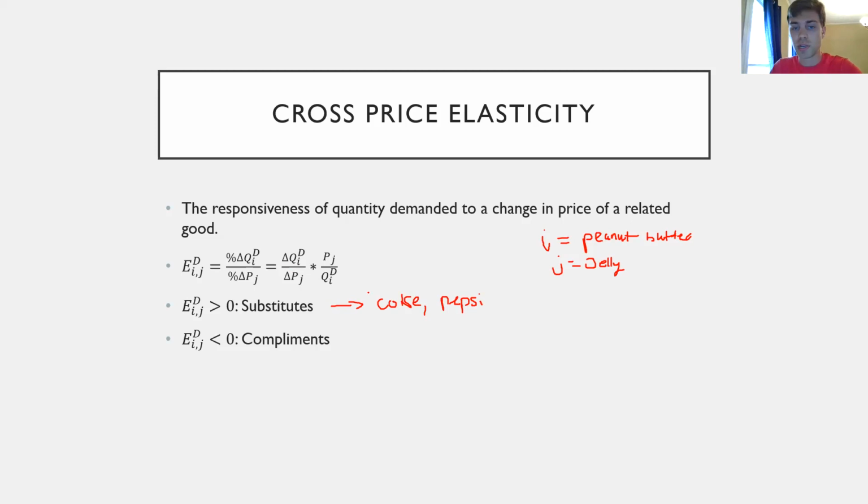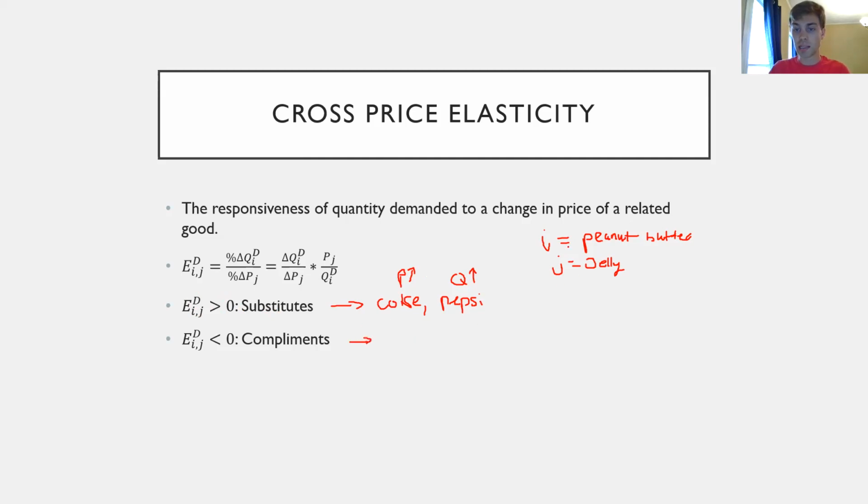So if the price of Coke goes up, that will increase the quantity demanded of Pepsi. That's why the cross-price elasticity of demand for Coke and Pepsi is going to be positive because they are substitutes. If we raise the price of one, that's going to increase the quantity demanded for the other because people will switch over.